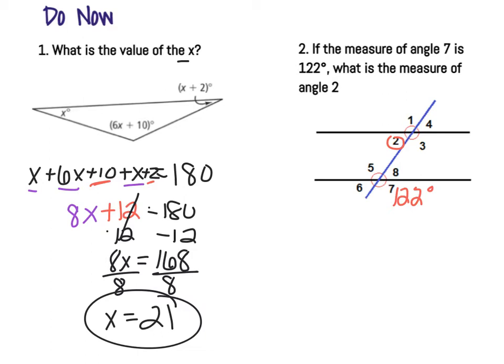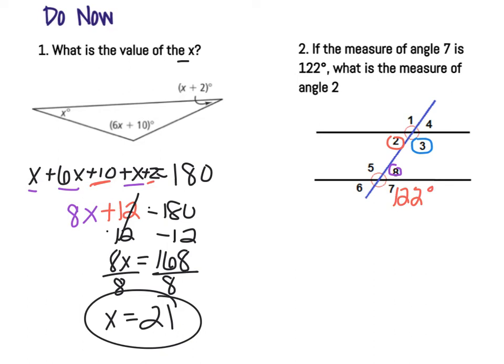When I look at angle 2, I see that its alternate interior angle is 8. 8, therefore, is the same as 2 because they're alternate interior angles. I also see another relationship between angle 2 and angle 3. Angle 2 and 3 are on one straight line, therefore they're supplementary. They add up to 180.